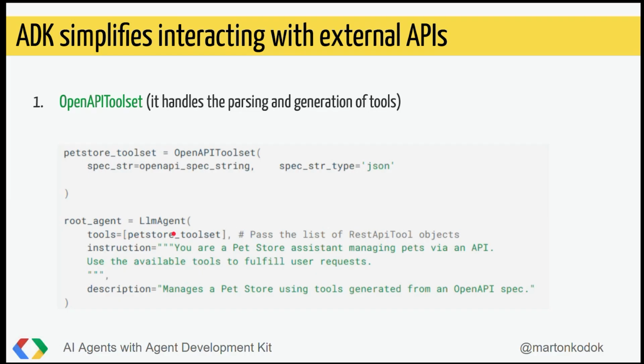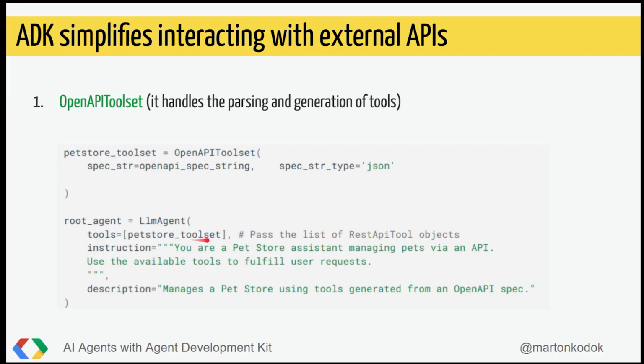And what capabilities do you have here? You are a pet store assistant managing pets via an API. Use the available tools to fulfill user requests. What it means is that you have an API, which is not an MCP, it's not something agentic. As an API, it has a REST service.